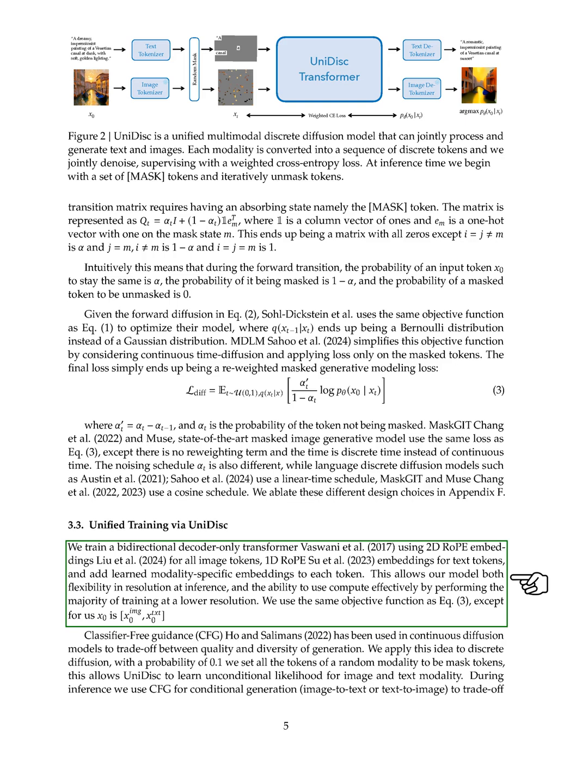We utilize the same objective function as previously defined, but for us, the input consists of both image and text tokens. We implement classifier-free guidance, CFG, to balance the quality and diversity of our generated outputs. Specifically, we randomly mask tokens from one modality with a probability of 0.1, enabling UniDisc to learn the unconditional likelihood for both image and text.